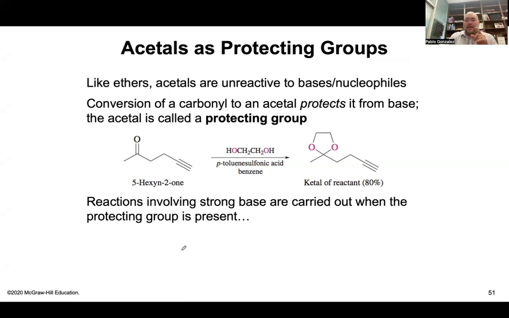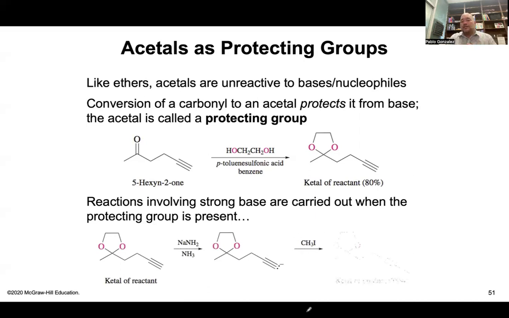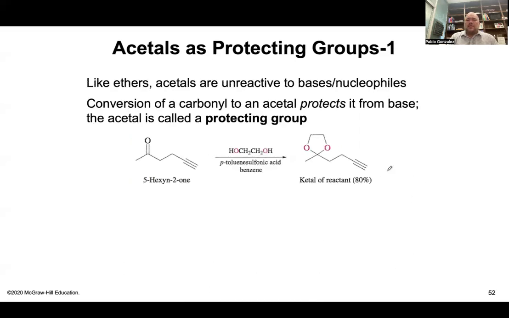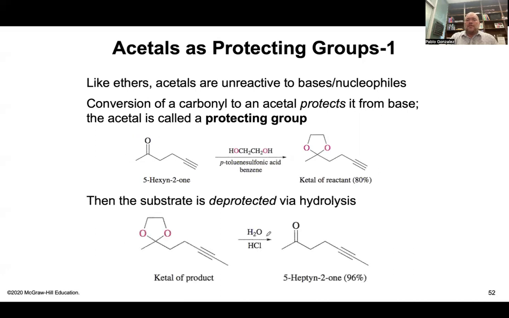Once we make that, we're going to add NaNH2 to remove the hydrogen in here, and then use this to attack the alkyl halide here, to increase the length of that, or do the alkylation of that alkyne. And now we can take that acetal in here and deprotect it with acid.